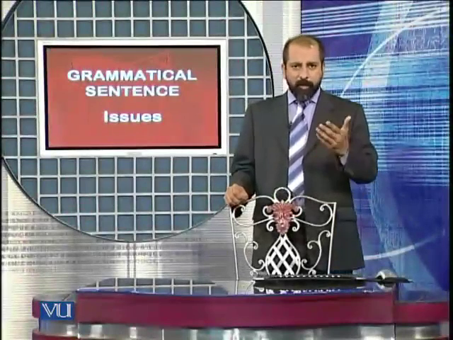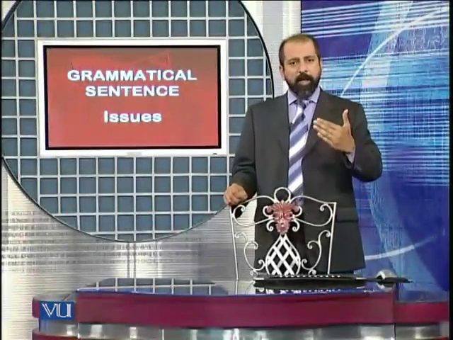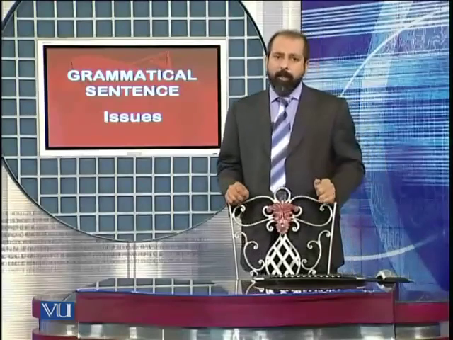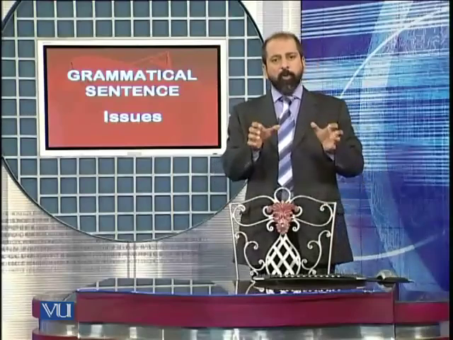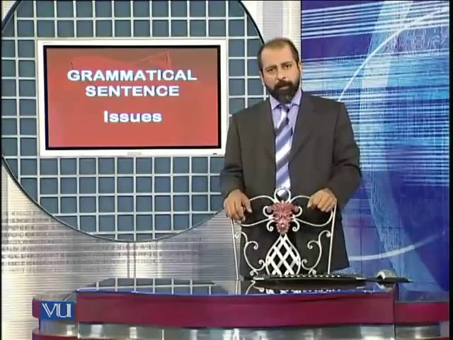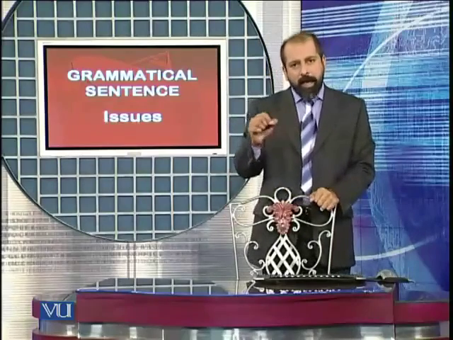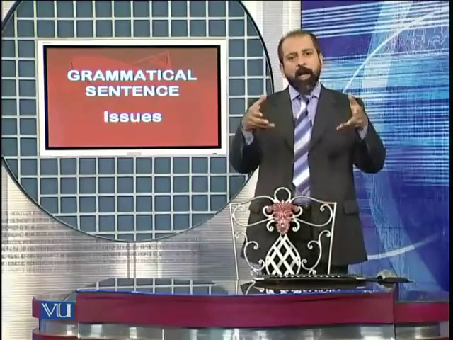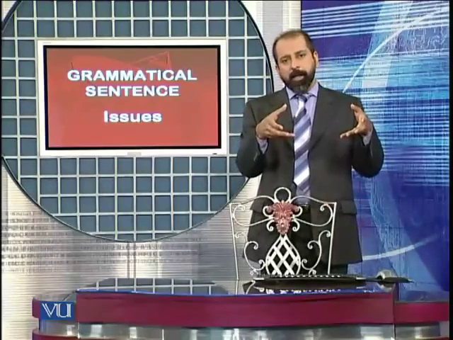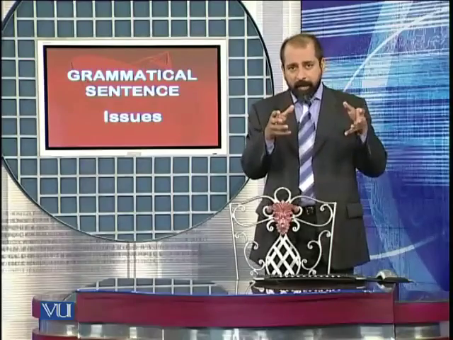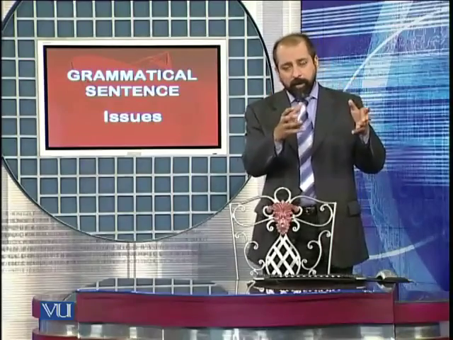If you remember, there were noun and pronoun and gerund and infinitive and noun clause, and one was compound subject. I mean, 2 or more than 2 nouns or pronouns connected by and. When they are plural, compound connected by and, they are plural and the verb is going to be plural.